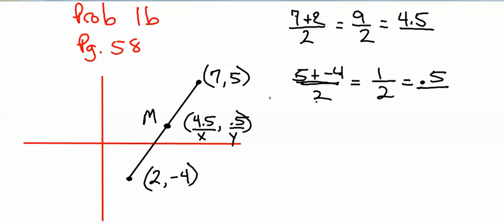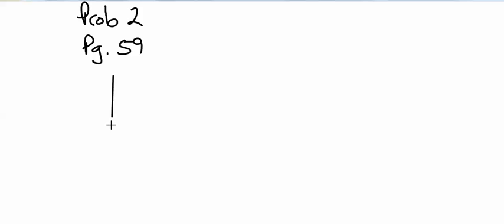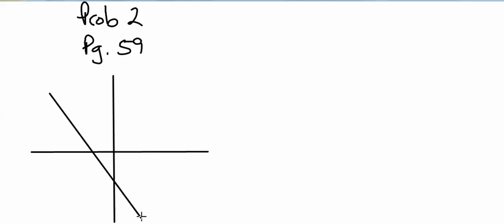Look at problem 2 on page 59. You've got a coordinate plane again. And you got a segment on that coordinate plane. Now, they're giving you an endpoint, C. And they're saying the value of C is -5, 7.